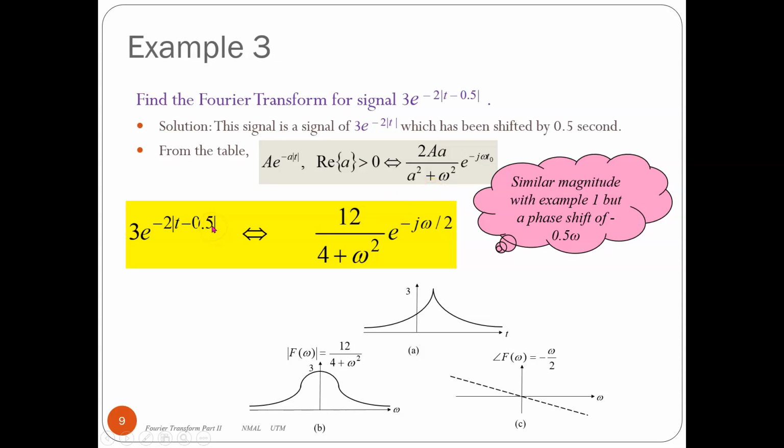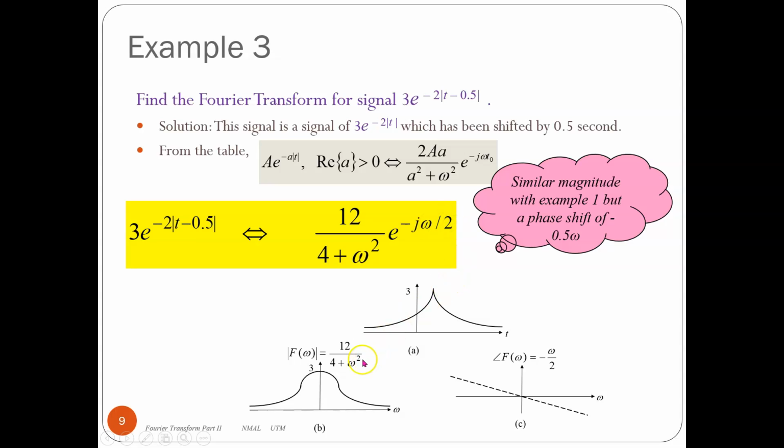When the signal is shifted by 0.5 and we put in the values, we will get 12 divided by 4 plus omega squared, exponent negative j omega over 2. This has similar magnitude to example 1, but we have a phase shift by 0.5 omega, which is omega divided by 2.